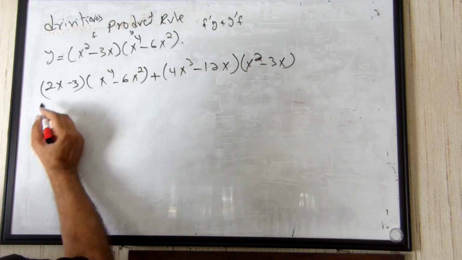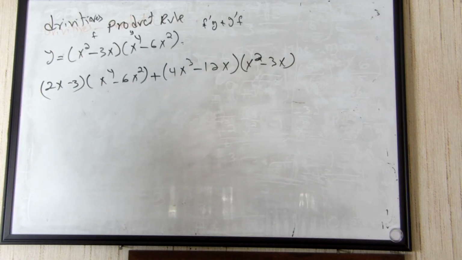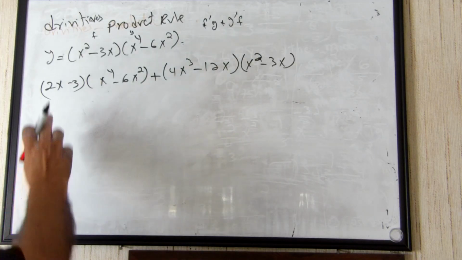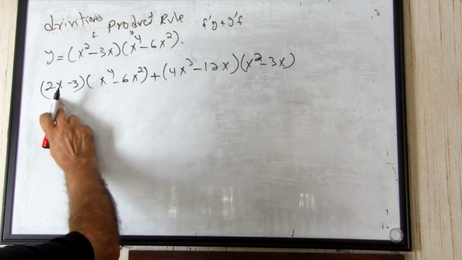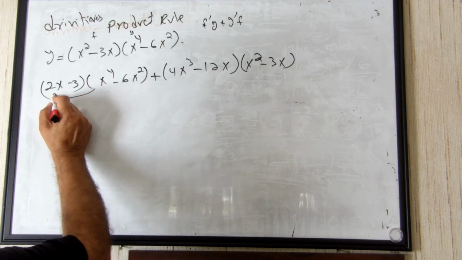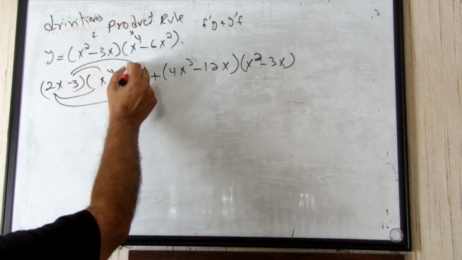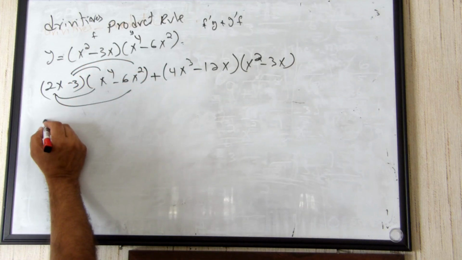And then we multiply this one by this one, this one plus this one. We multiply each term in turn. Okay, it's going to be what?